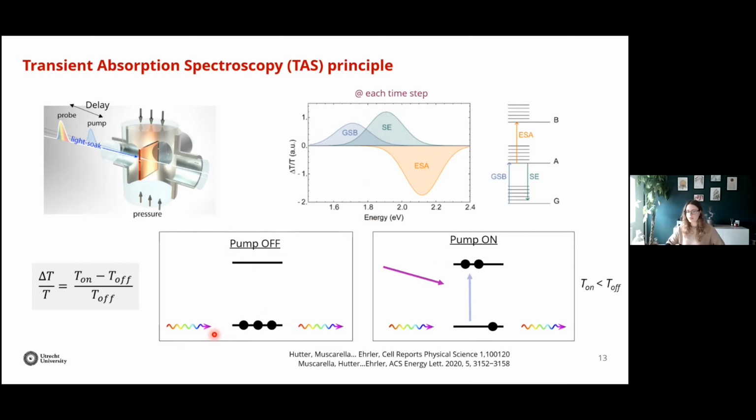So this probe will be absorbed, and that means that the transmittance after the sample will be very little. But then if you excite with a pump, you have excitation of this population to the excited state. And when the probe comes, the transmittance of this probe will be much higher. Therefore, the transmittance when the pump is on is higher than when the pump is off. And this signal then is positive.